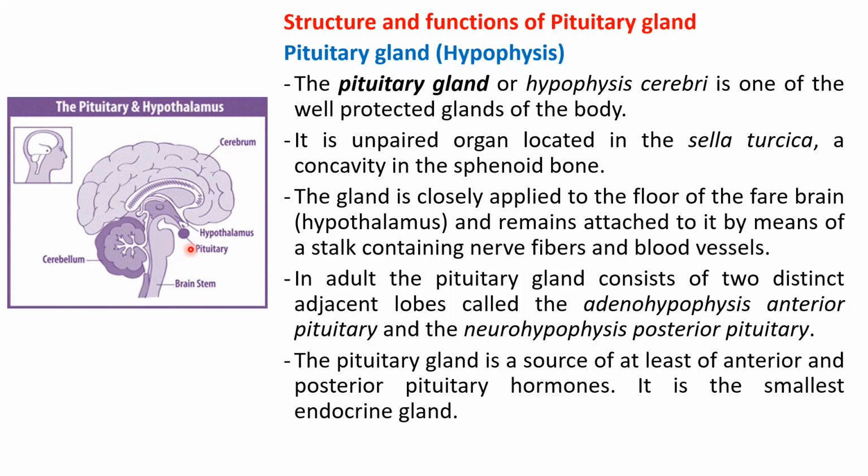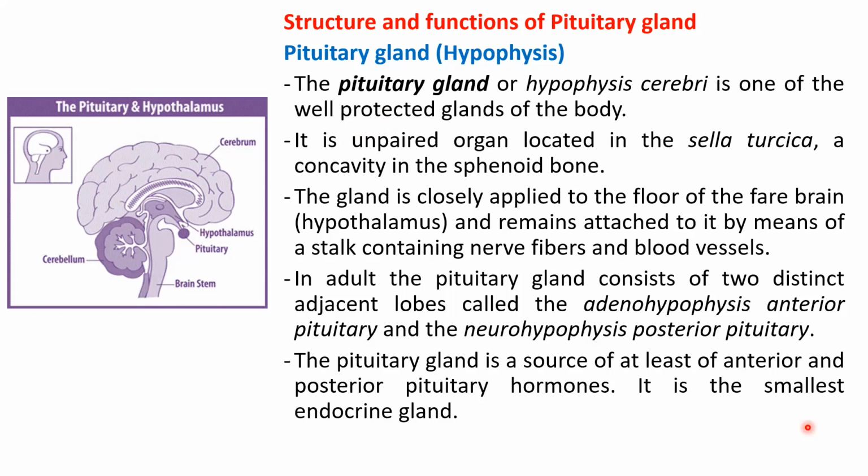The pituitary gland is a source of anterior and posterior pituitary hormones. It is the smallest endocrine gland in the body.